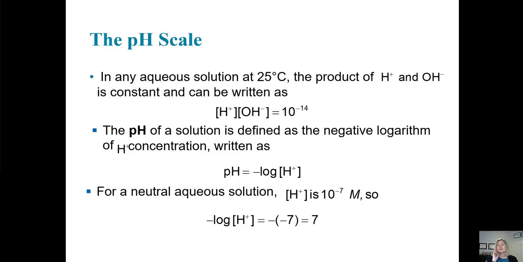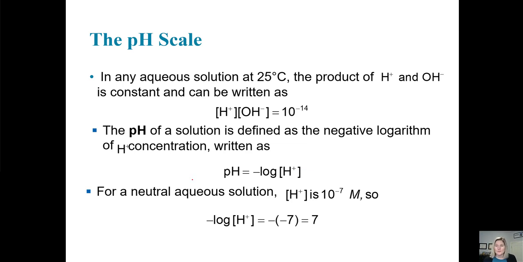So this leads us to something called the pH scale. The pH scale is when we have the amount of hydrogen concentration within the solution. And it's defined as a negative logarithm of hydrogen concentration. So it's written as pH equals the negative log of hydrogen ion concentration.